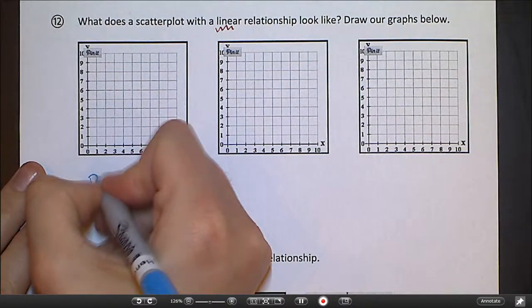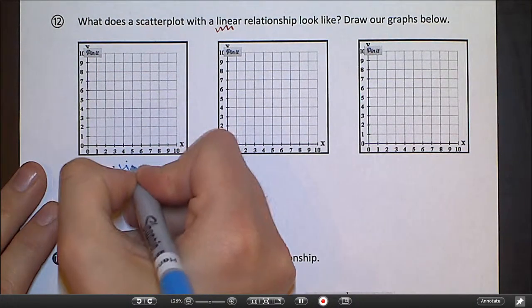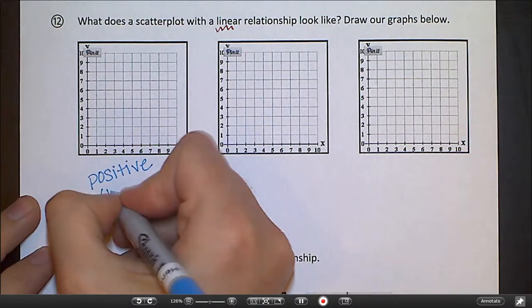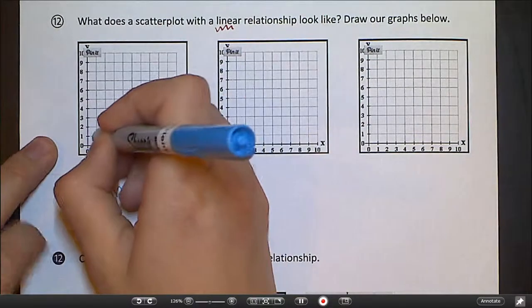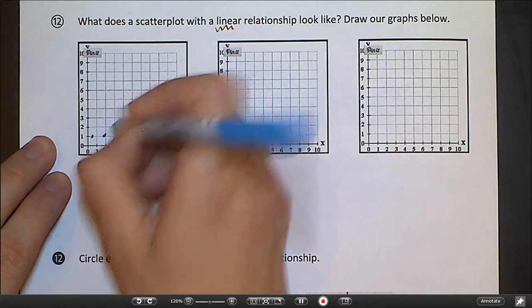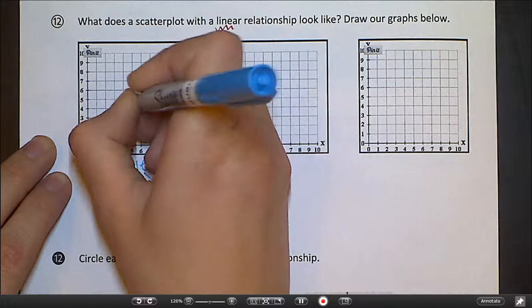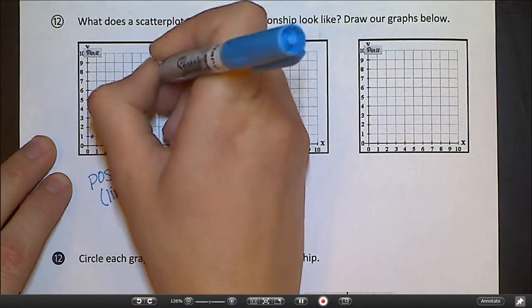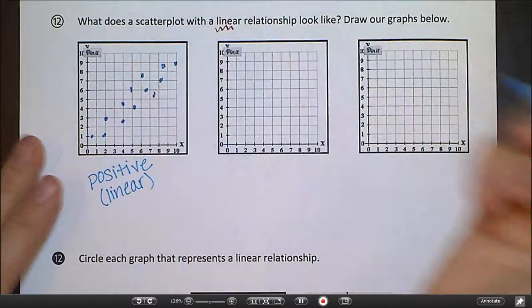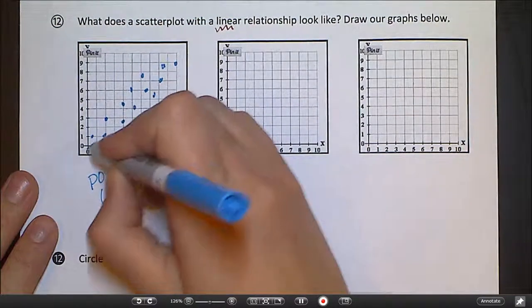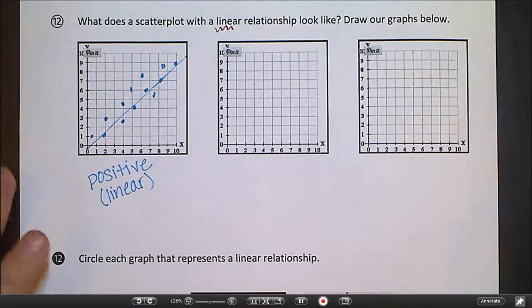This is a positive correlation, so it is linear. And so that would be something like this. Okay, so in general, we're getting this basic line that direction. And it's going up, it's positive.